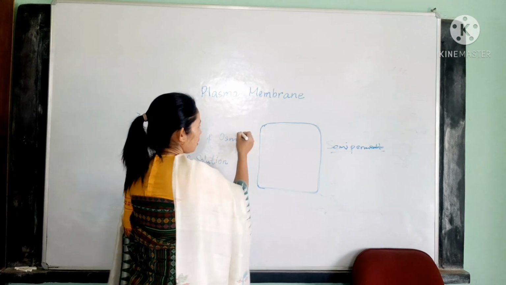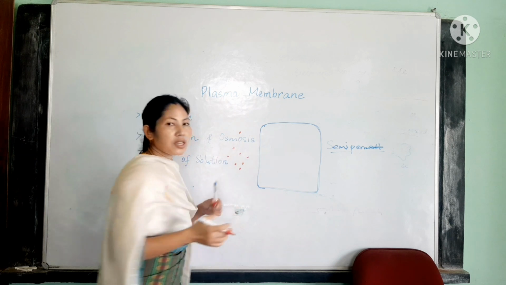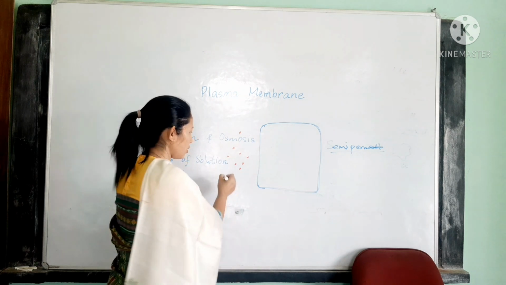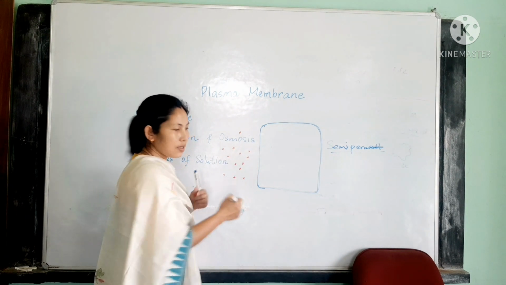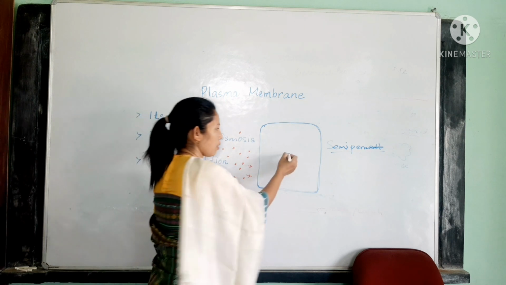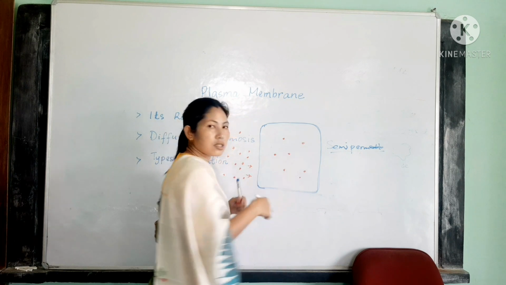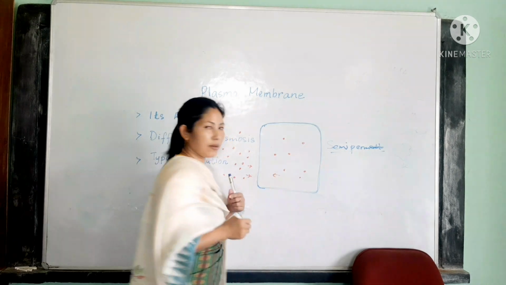For example, there are molecules outside the cell, any molecules, it can be a gaseous molecule or a molecule of water. These molecules will enter inside the cell, or some molecules may also come out of the cell. Suppose there are molecules being synthesized or produced in the cell, so they will come out of the cell.